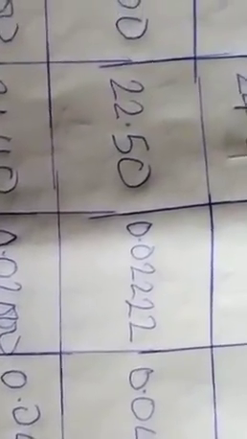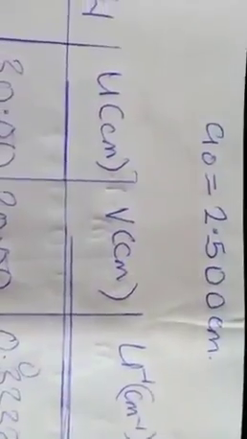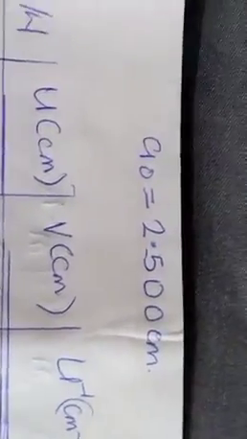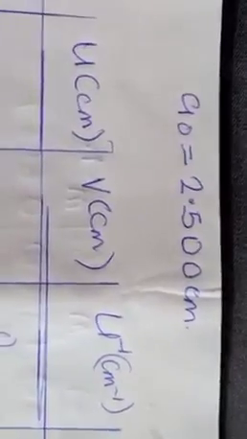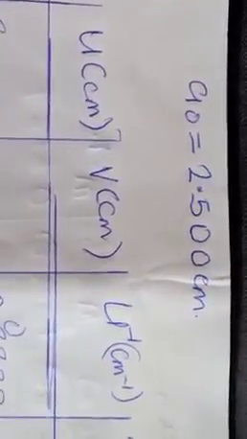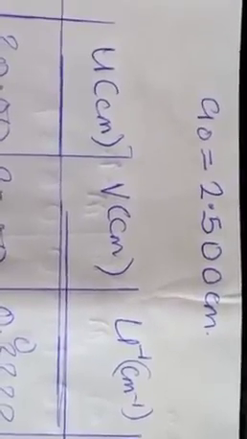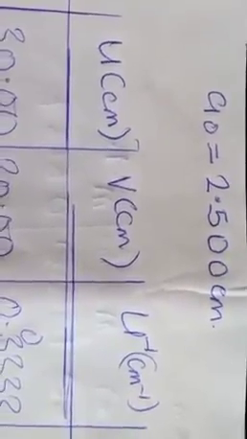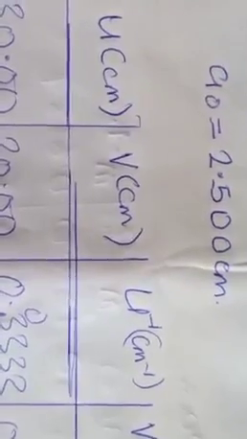So let's go through our readings. These are the parameters we are asked to measure. The first is the size of the hole on the ray box, the diameter of the hole. The ray box may contain a crosswire on that hole, and it should be illuminated with light, a bulb inside of it.